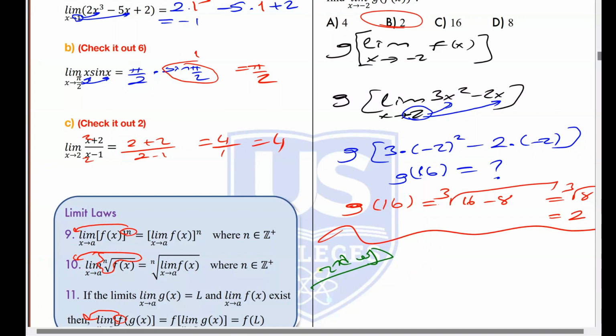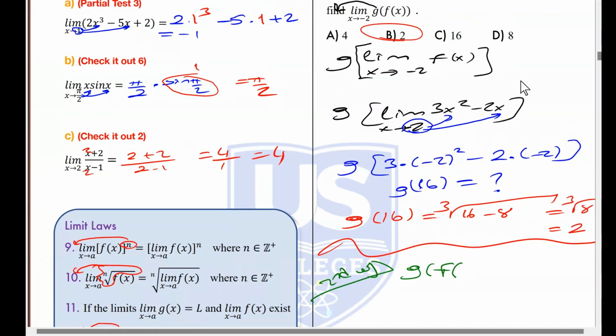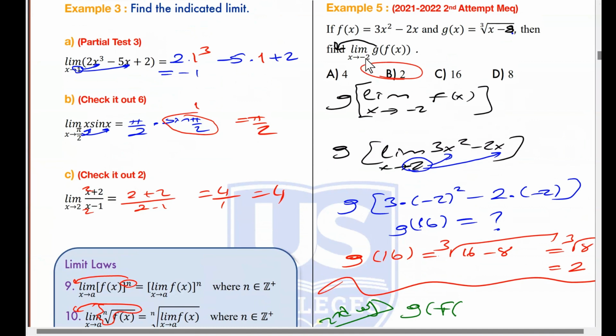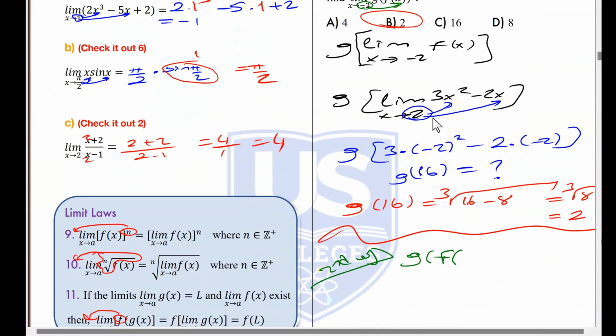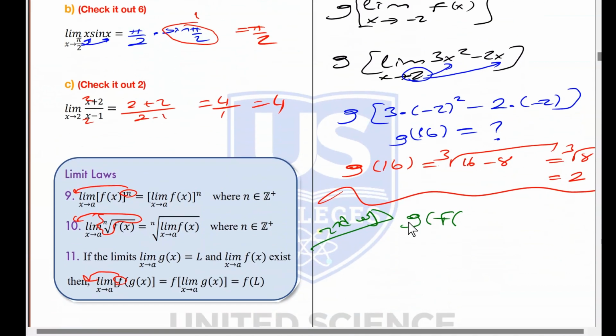So instead of doing this the long way, you can find g of f of x. Remember what x was here. Your x is given as -2, so all you have to do is insert -2 for x. So find g of f of -2.